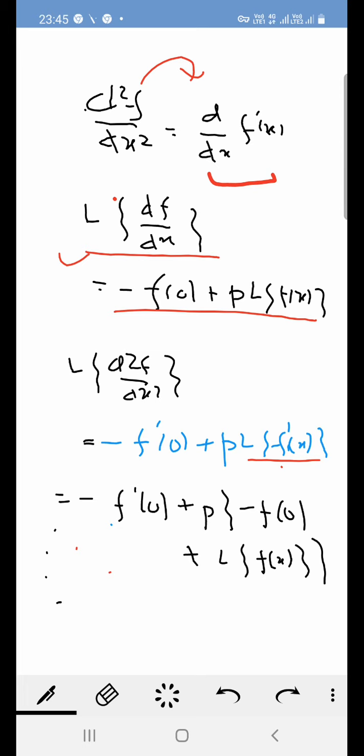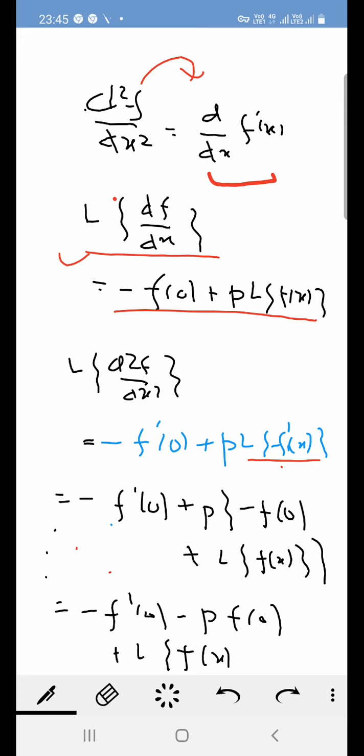So that is again equal to minus f dash 0 plus minus p of f0 plus L of, so there will be p squared. Sorry, you want p here, so it will be p squared.